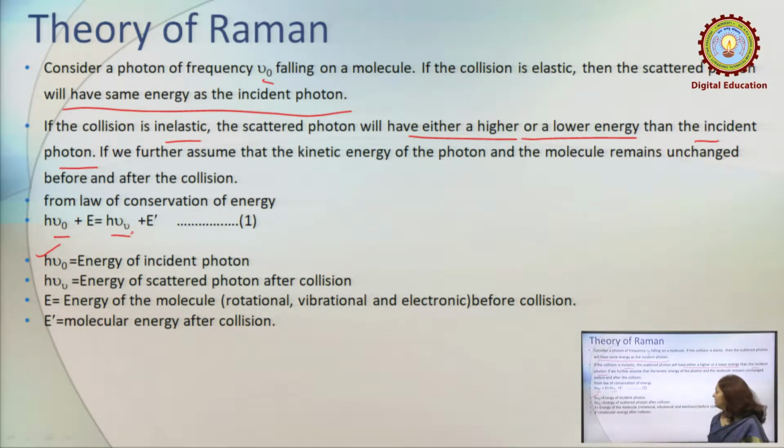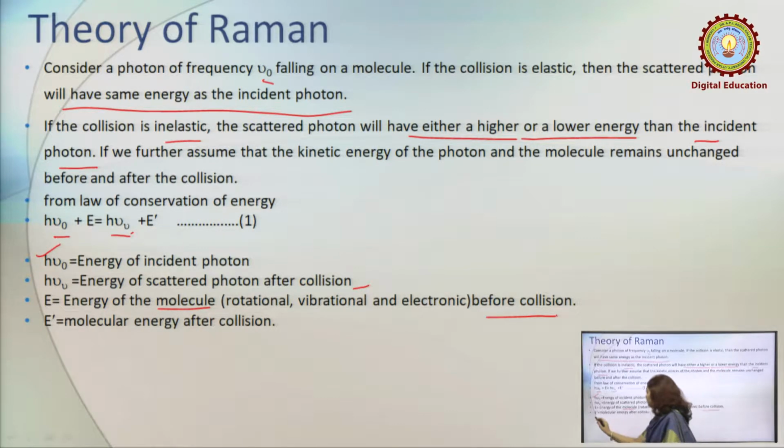E is the energy of the molecule before collision and E dash is the molecular energy after collision.